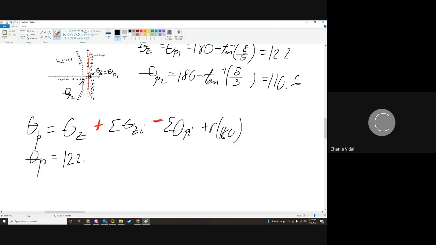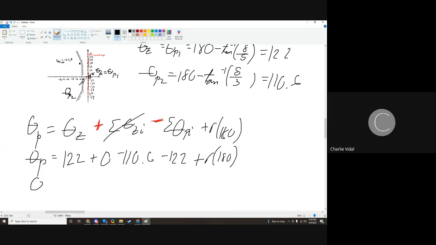I see why now. Okay, 122 plus 0 minus 110.6 minus 122, because there are no other theta zi's besides theta z. So this is theta z, and then these two are the two theta pi's. And then you have plus r times 180.